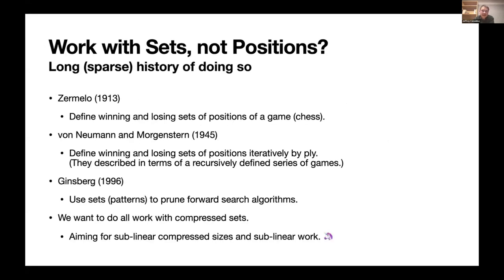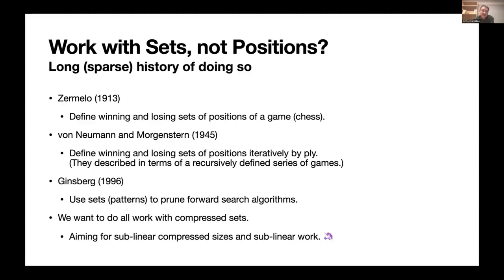Going back to how we think about solving games, there's actually a long history of talking about doing it with sets, not positions. The paper I mentioned back in 1913, 111 years ago, was talking about how to define the winning and losing sets of positions in a game, particularly chess then.